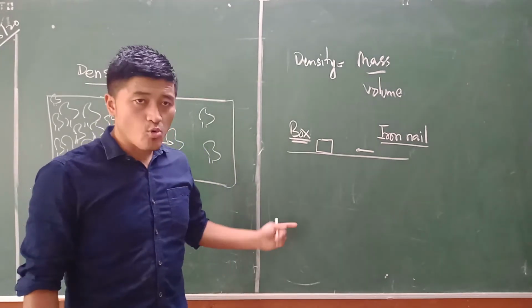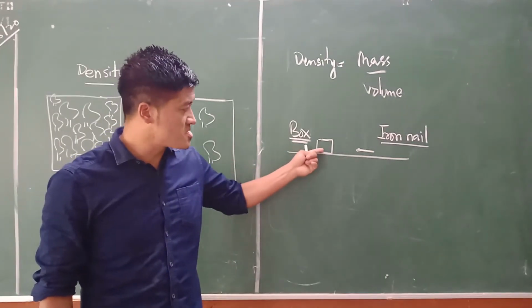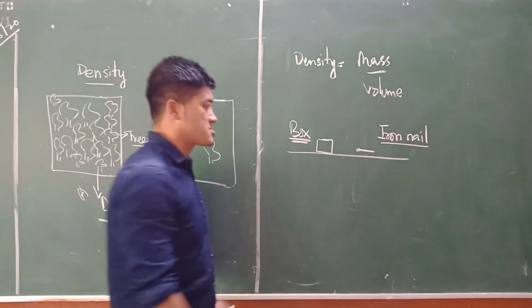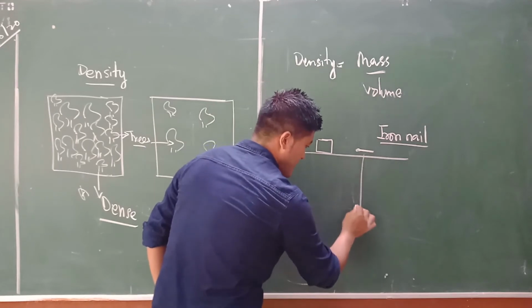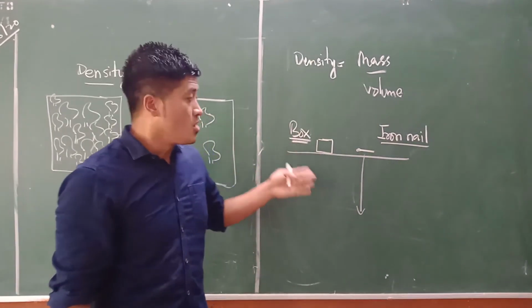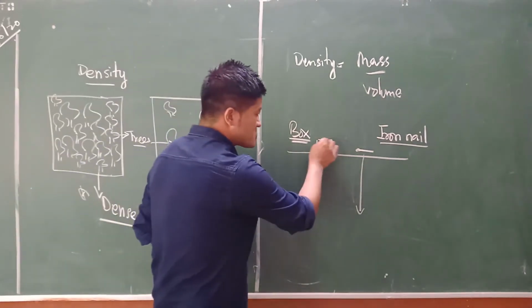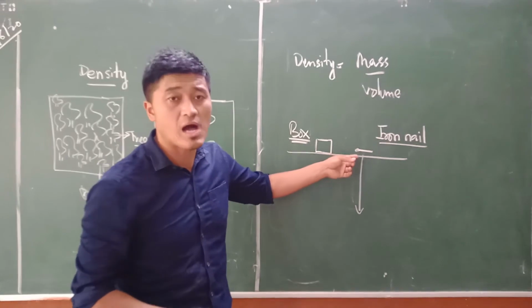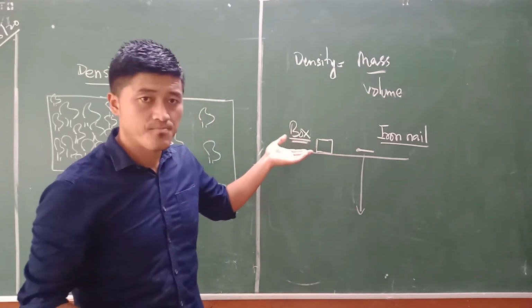Now, if I ask you what will happen to the box or the iron nail, definitely you're going to answer that this iron nail is going to sink down here, whereas this box is going to float on top. Even though this box might be heavier than this particular iron nail, it floats.